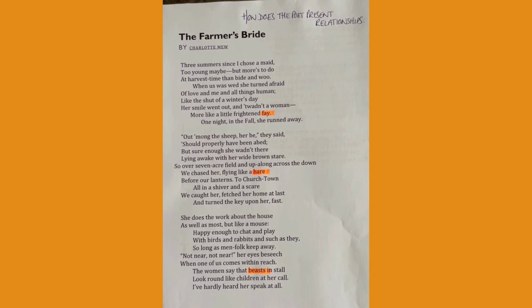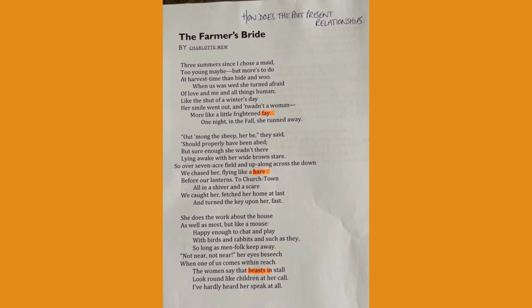You then have the idea that these animals are hunted in some way. All of that will lead you on to the idea contextually that we are talking about a time when women were not necessarily free to choose who they were going to marry.